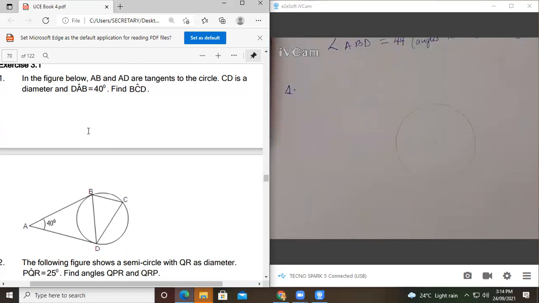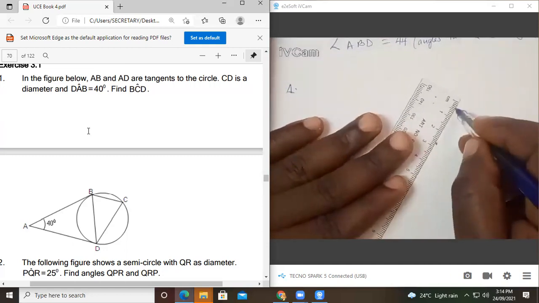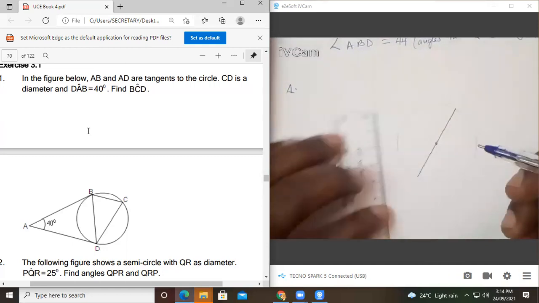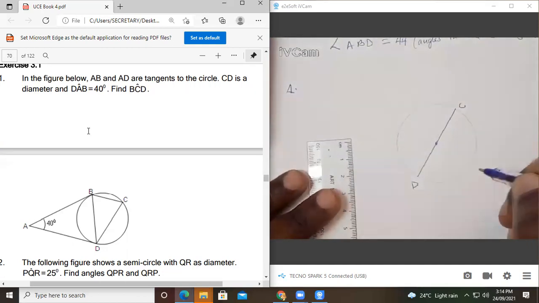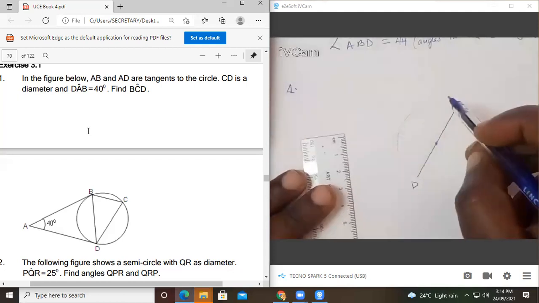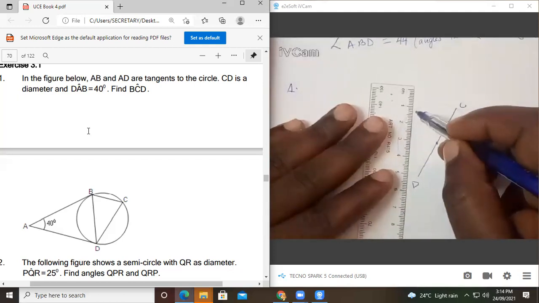So they are telling you in the figure below, AB and AD are tangents to the circle. CD is a diameter. Correct. I like this. We have just looked at this. CD is a diameter.